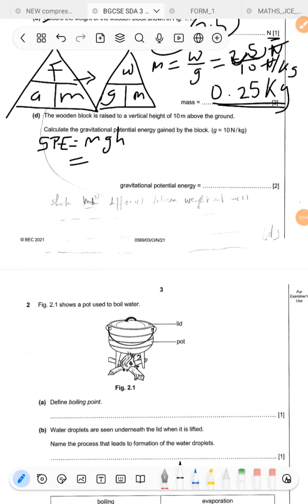Now what is the mass? We found it in the previous question, 0.25 kg, multiplied by acceleration due to gravity, which is 10 newtons per kg, times the height. The height is 10 meters. Let's add units so that you can see how the units cancel out.